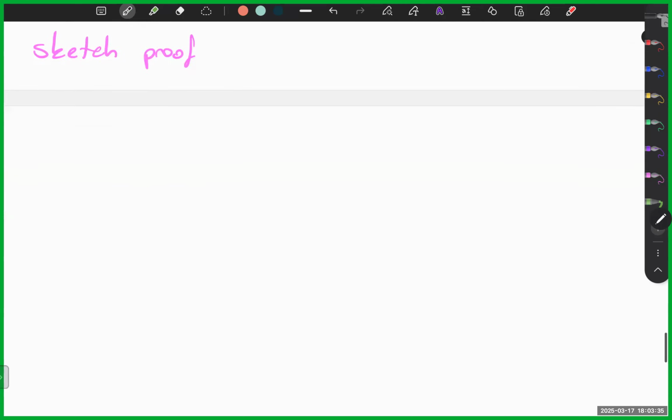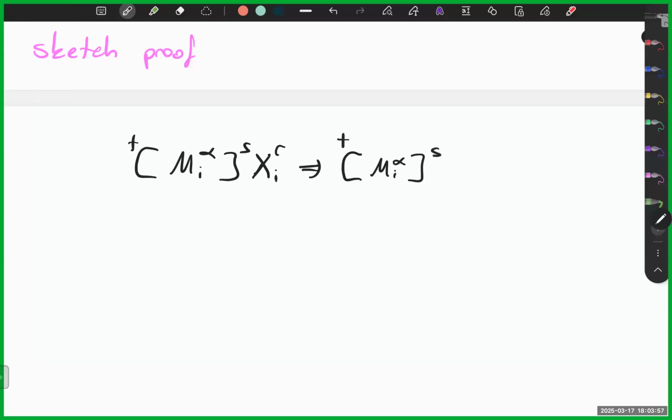We already showed before that we have those relations from the conjugation of measurement operators with Pauli's X and Z: M_i^alpha X_i^s goes to M_i^alpha with s plus r, and M_i^alpha Z_i^t goes to M_i^alpha with r plus t.